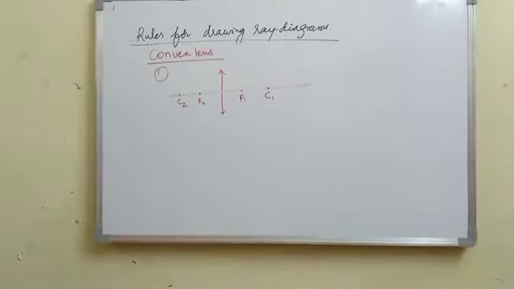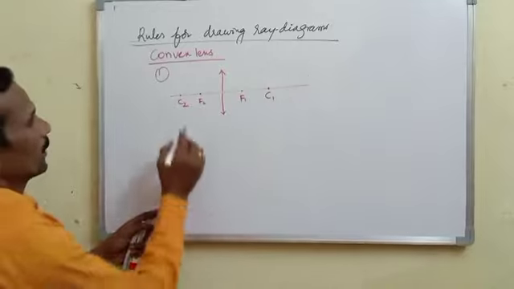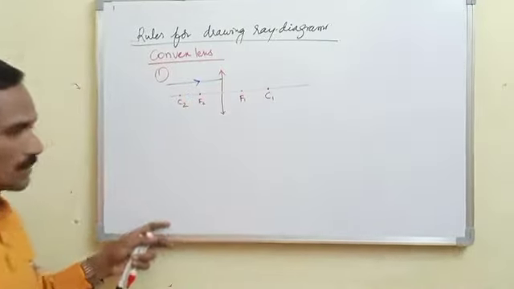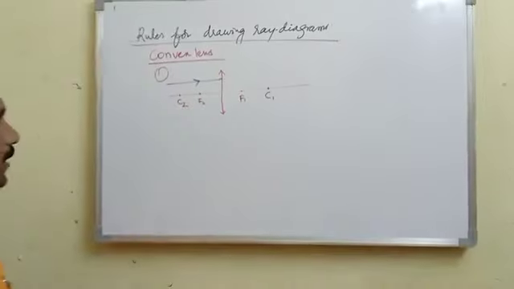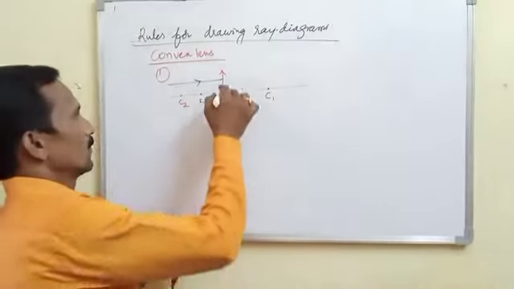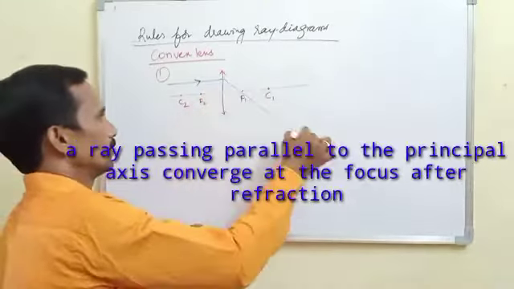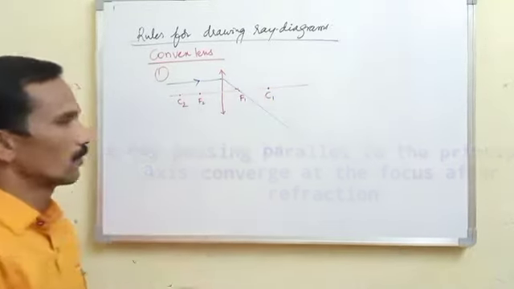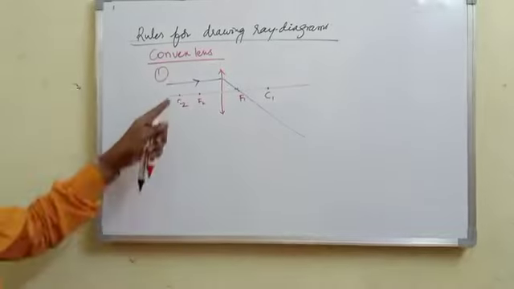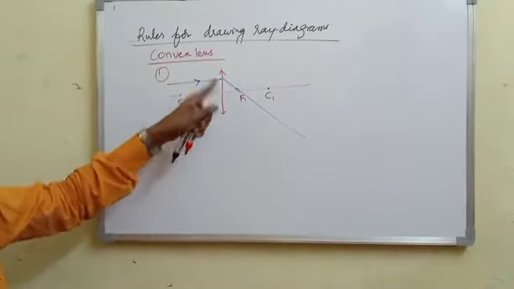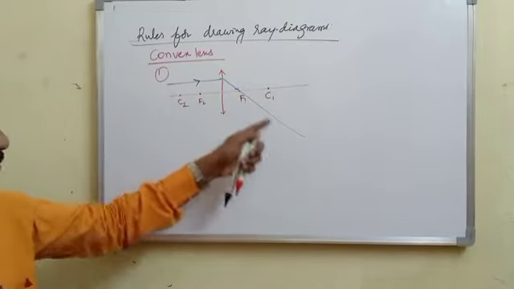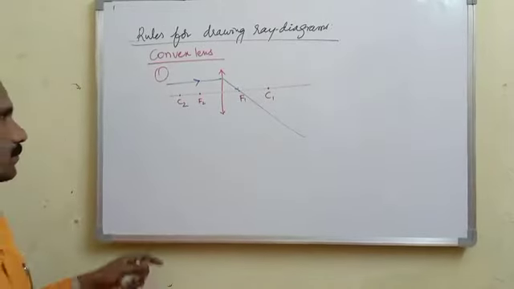If a parallel light ray is incident on a convex lens, just now we have seen what happens after refraction. It goes through the focus. If a parallel light ray is incident on a convex lens, it goes through the focus.